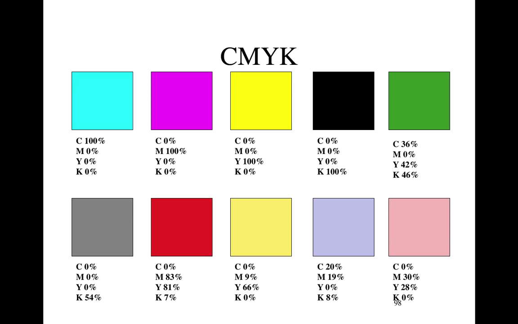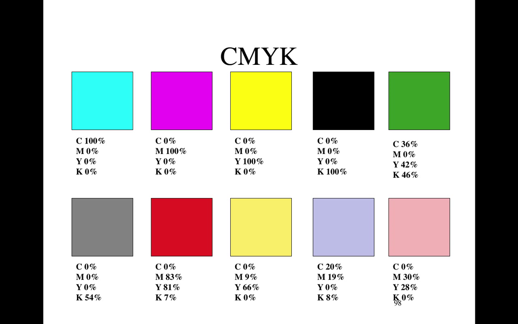So if we look here at the top left, that blue there is 100% cyan, and so it's that shade of blue. 100% magenta is that color there, 100% yellow, 100% black. All fairly obvious there. You have 36% cyan here and 42% yellow, that's a shade of green.